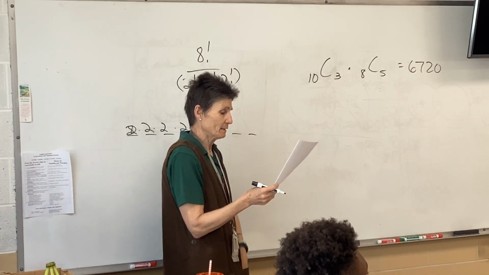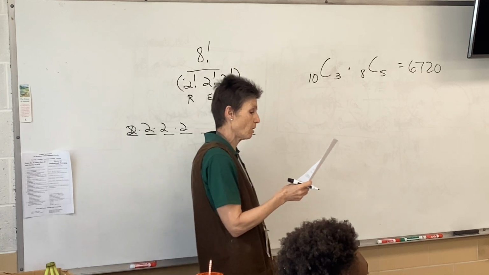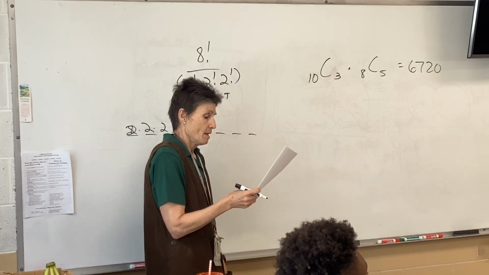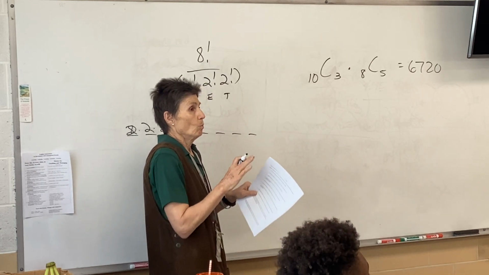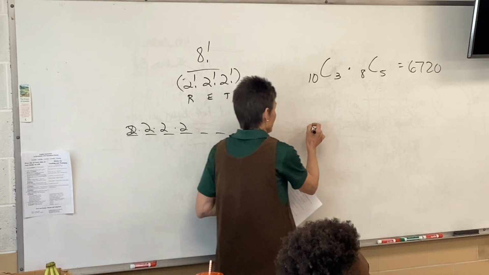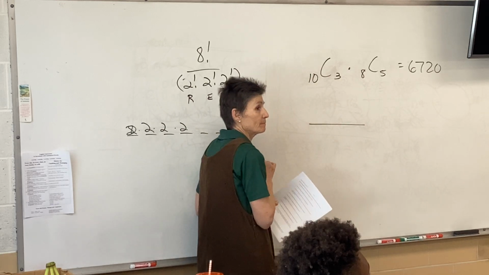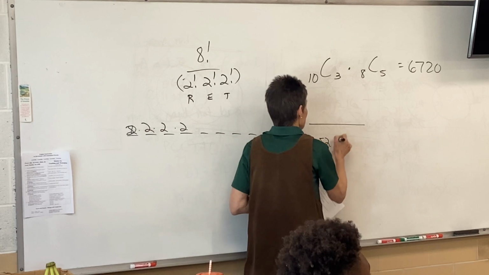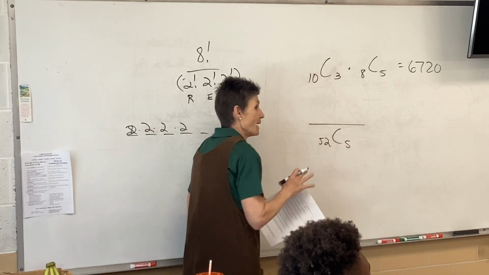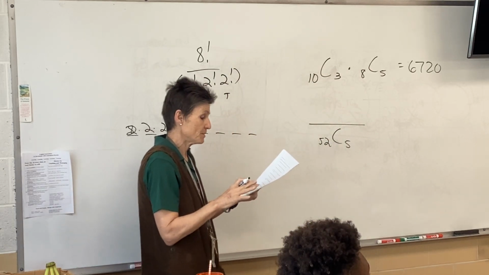What is the probability of being dealt a 5-card hand that is composed of all diamonds? What is the probability? This is going to be a fraction, and the denominator is going to be 52C5. Why is the denominator 52C5?